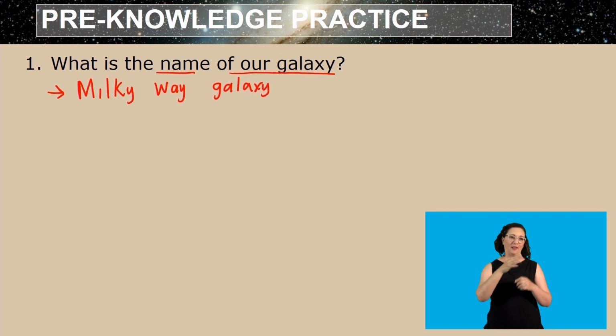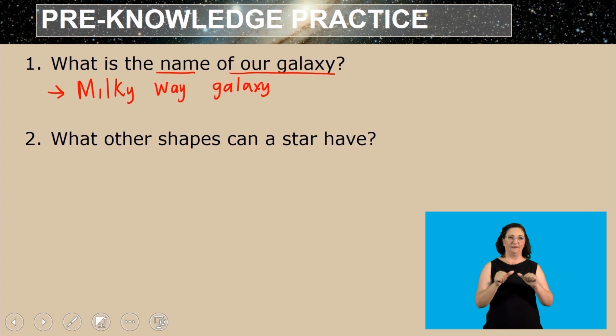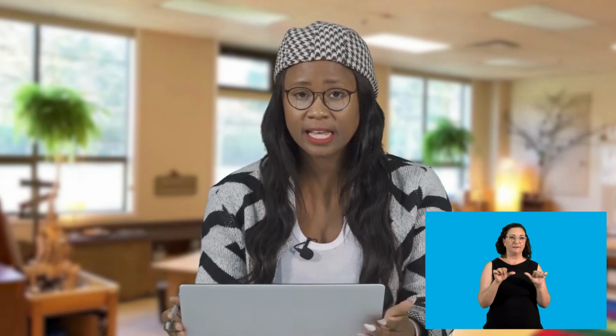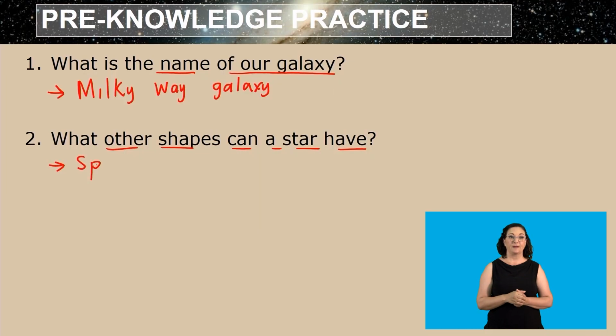All right. Now let us move on to the second question. The second question says to us, what other shapes can a star have? Remember that a star can come in different shapes and different sizes. Some of the shapes that a star can have: they can be spiral in shape, and sometimes they can be spherical.